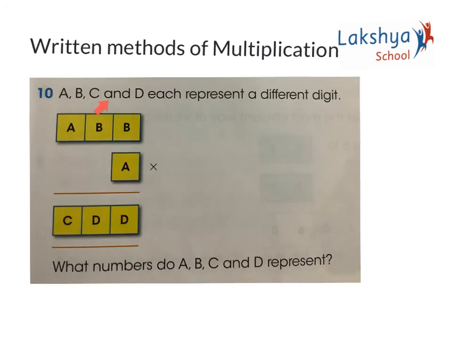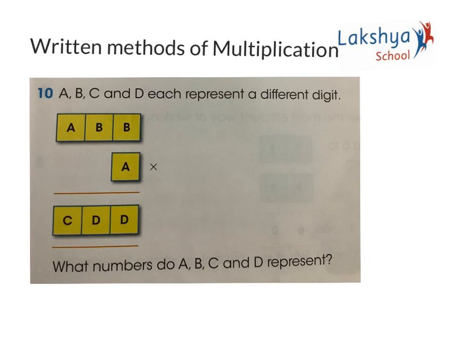Question 10. A, B, C and D each represent different digits over here. What numbers do A, B, C and D represent? There could be many answers for these questions. So let me solve by using a suitable number.